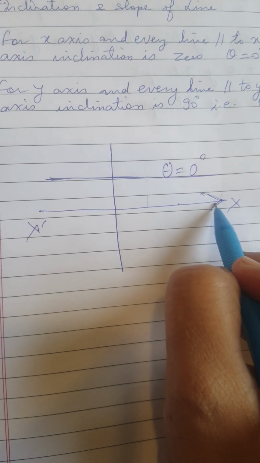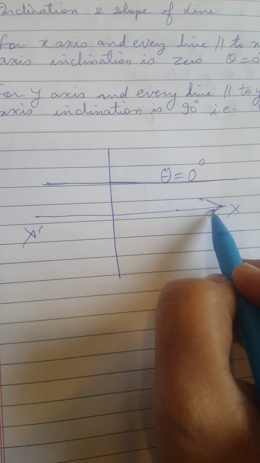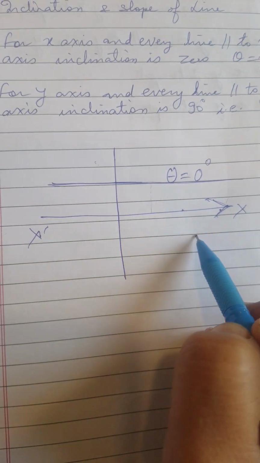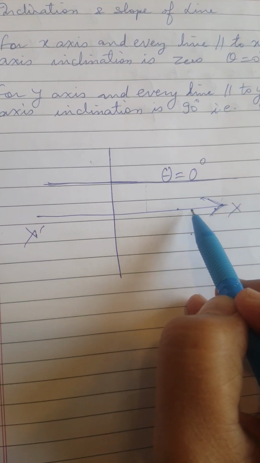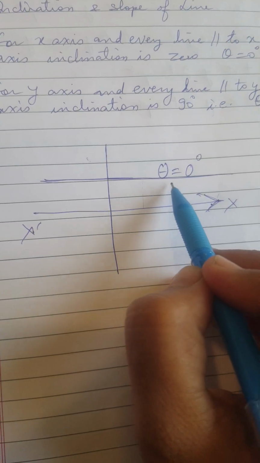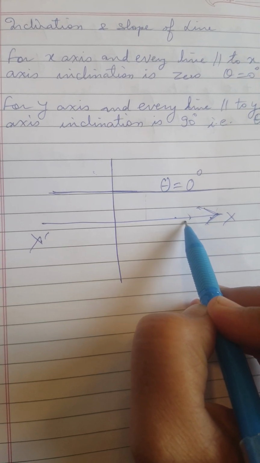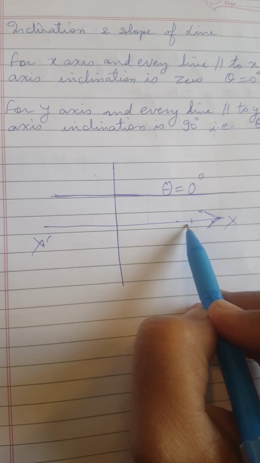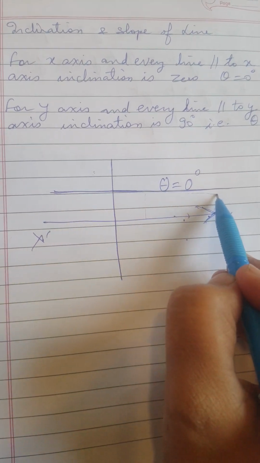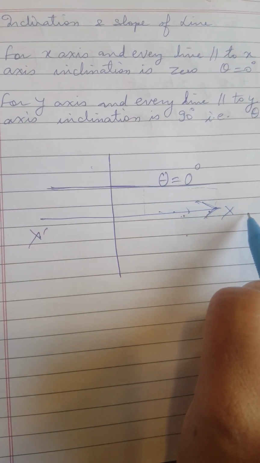What I have told you earlier, the inclination or the slope of a line is, when the line intersects the x-axis, you have to check from the positive side of x anti-clockwise what angle it is forming with the x-axis. That is our inclination of the line. But in the case of a parallel line, it is not intersecting the x-axis anywhere.